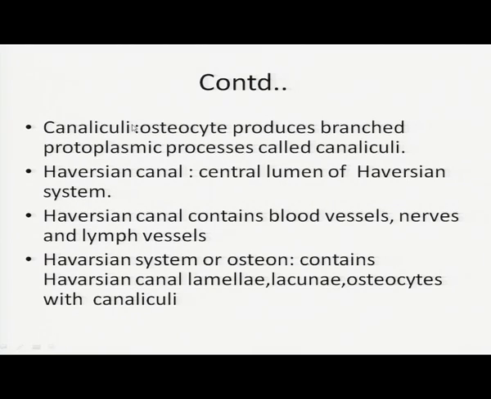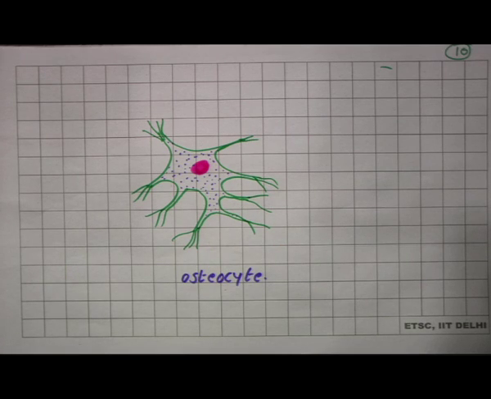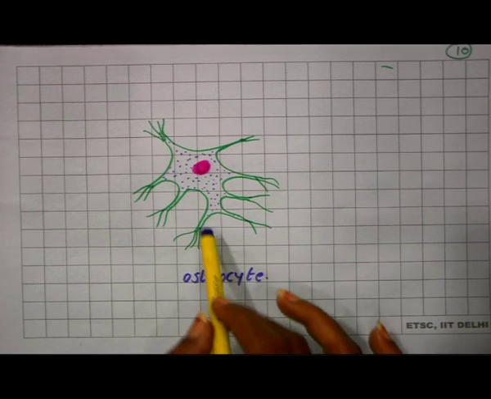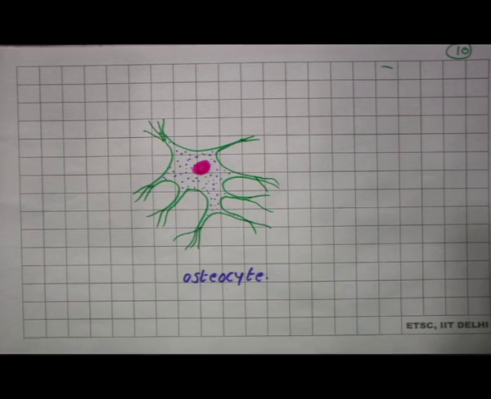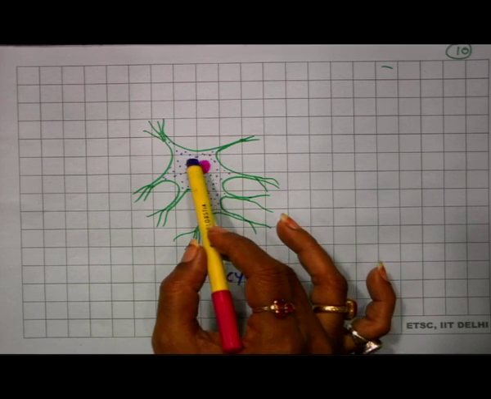Now, what is canaliculi? You can see canaliculi are the branches of the osteocyte. See the osteocyte, this is the diagram of a single osteocyte bone cell. It is highly branched, contains a nucleus at the center and cytoplasm.